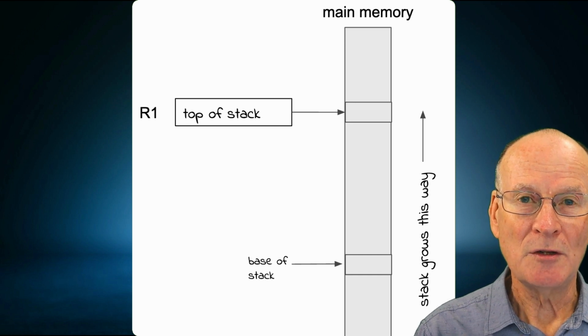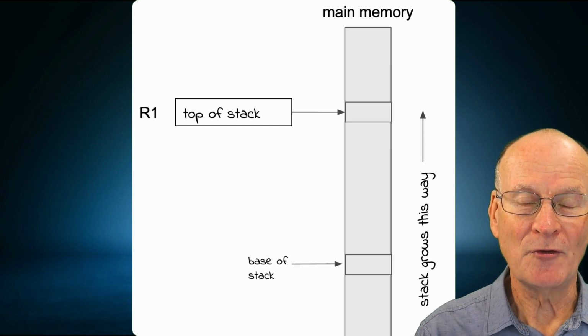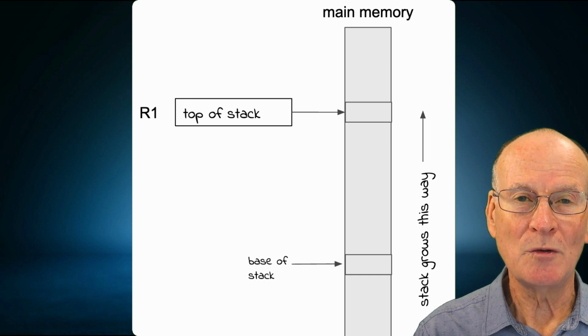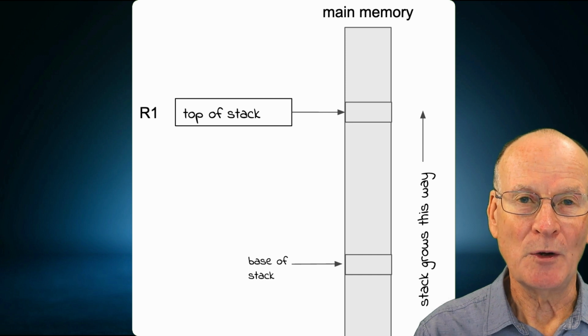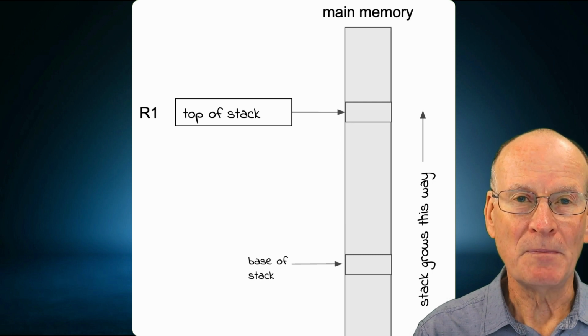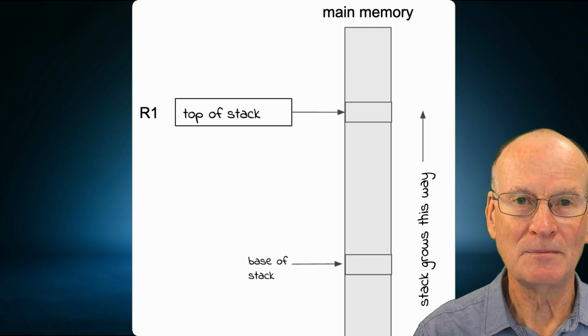And when we want to return, we would use the current top of the stack, that address from R1, as the place to find our return address. But before we actually return, we reduce the value in R1, and so it now points to the new top of stack, and then we return. So very straightforward, and this is the basis for all function calls and so on in high-level languages.